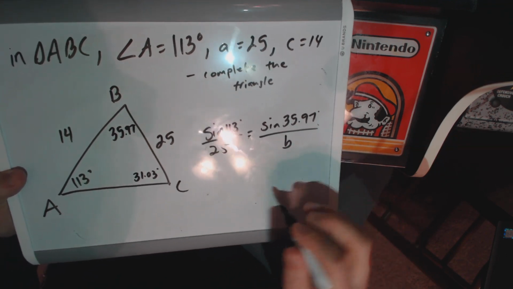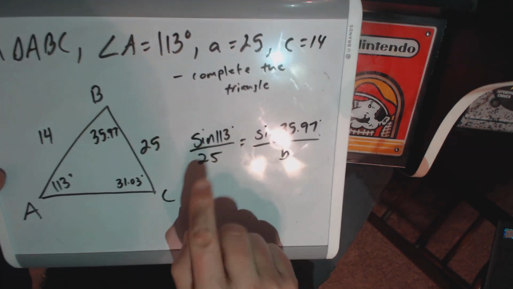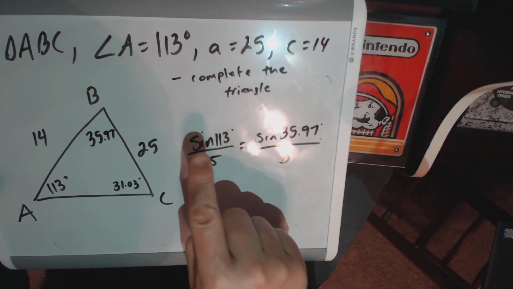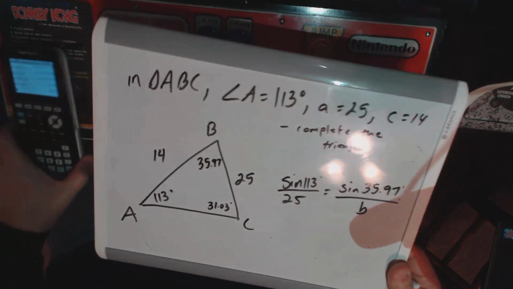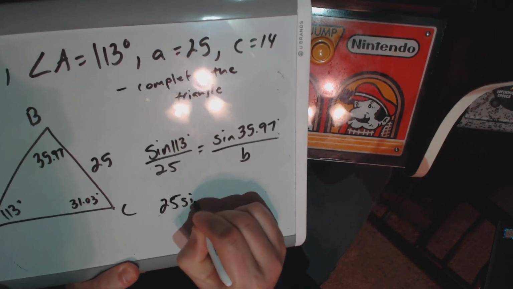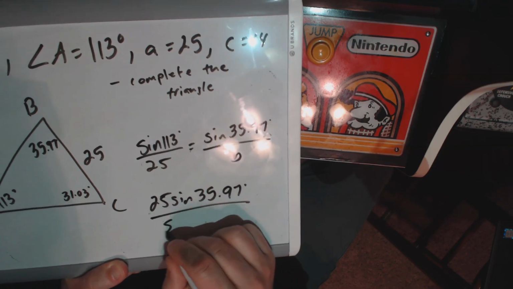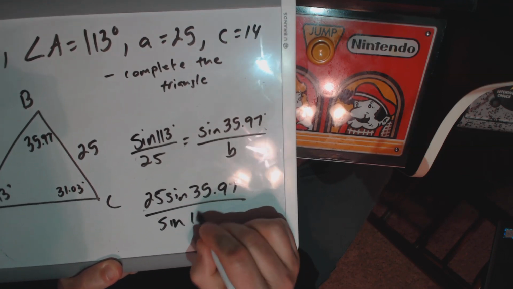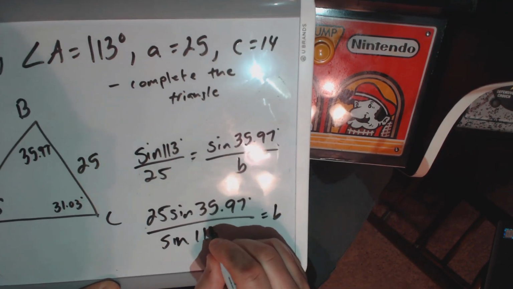If you multiply those two together and then divide by that one, you'll have it. So if I type in, check it out, 25 sine 35.97 over sine 113, I will have B.